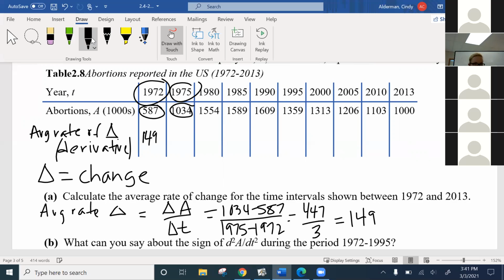And if I continue to do that for all the subsequent points, I would get these numbers: 104, 7, 4, negative 50, negative 9.2. Let me write that legibly.